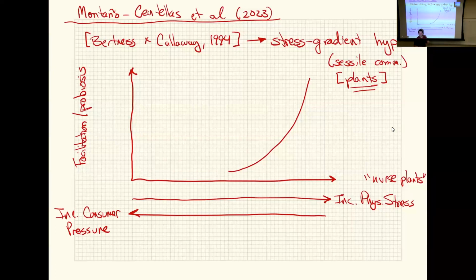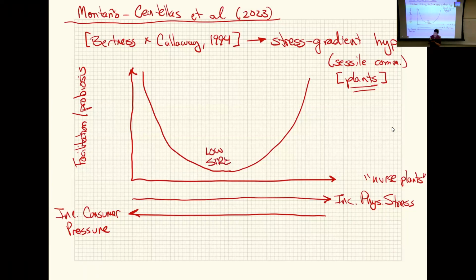You'd like to be embedded in a bunch of plants that aren't very palatable, because then maybe you won't get eaten as much, since the animals won't want to eat the plant that tastes bad or has toxins. So you get increased facilitation here. On a physical stress gradient, you should get competitive exclusion when there's low stress, but then you should get facilitation when there's high stress.